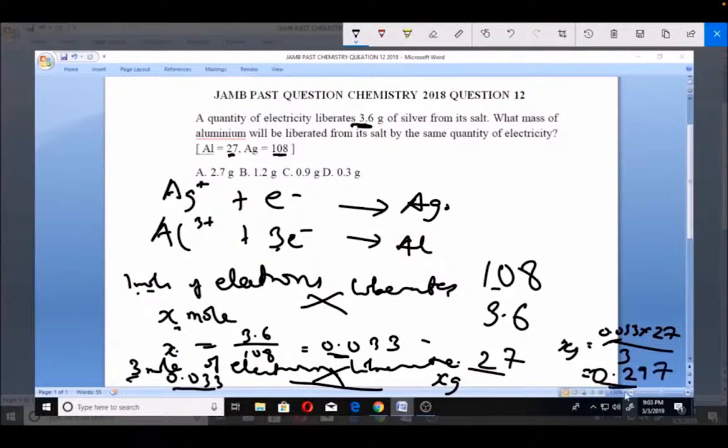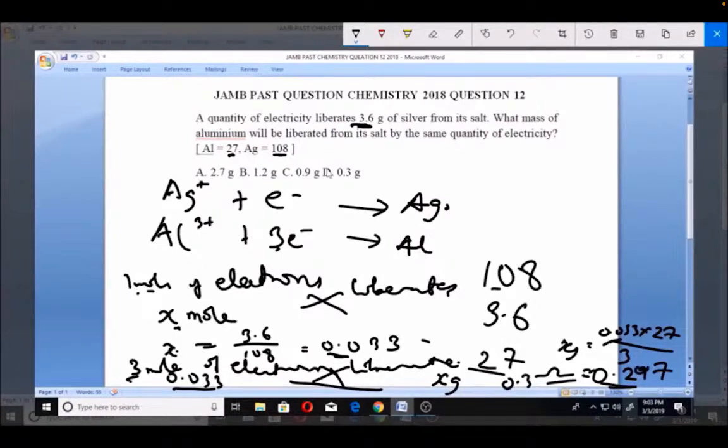So this is the mass that will be liberated, 0.297. And this 0.297 is approximately equal to 0.3, because this is 9, so we can approximate this to 0.3 gram.